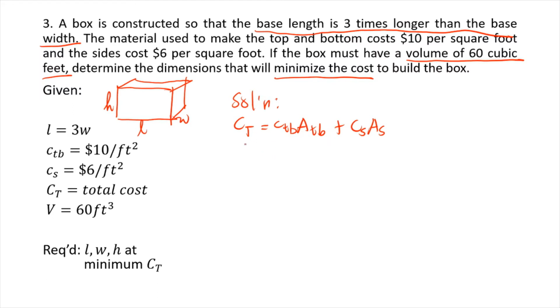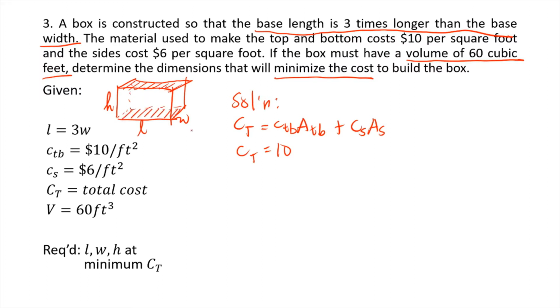So let's plug in the values and the equivalent expressions. Cost of the top and the bottom is $10 per square foot, so we can just put 10. Area of the top and bottom in this case, so we have the top here and the bottom.